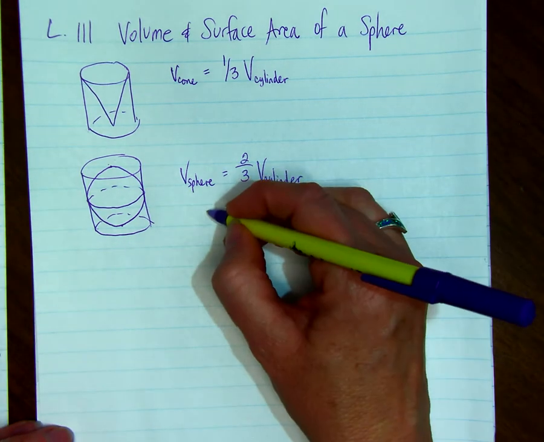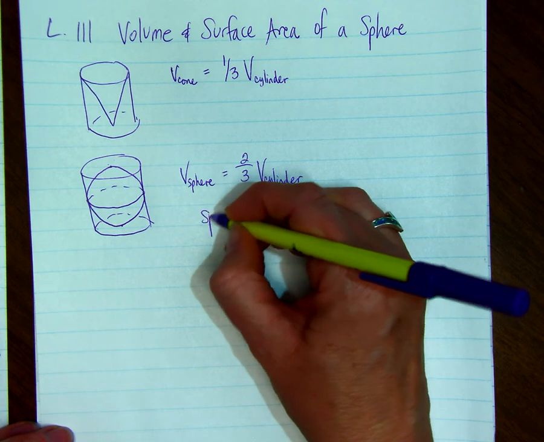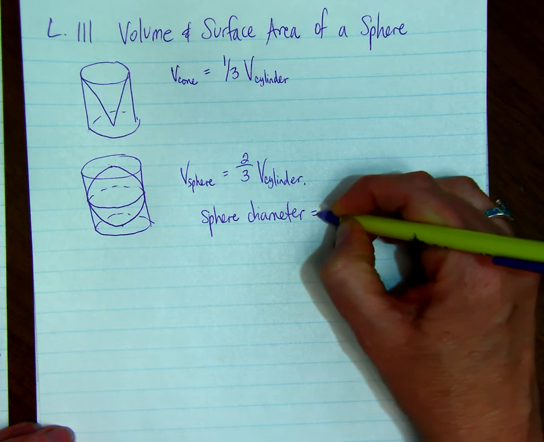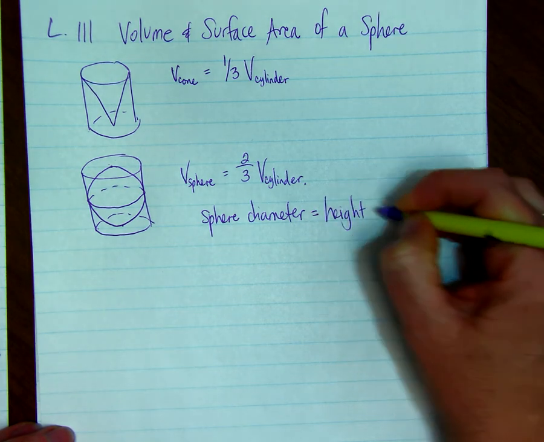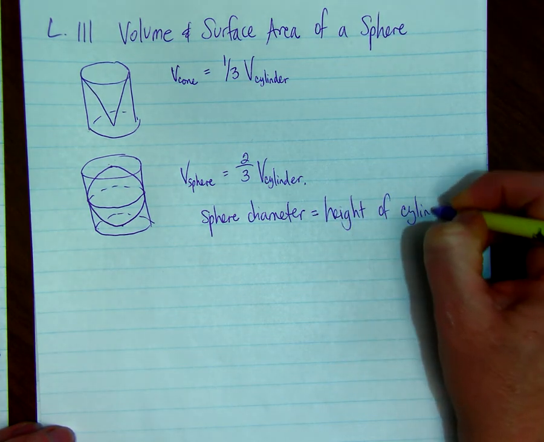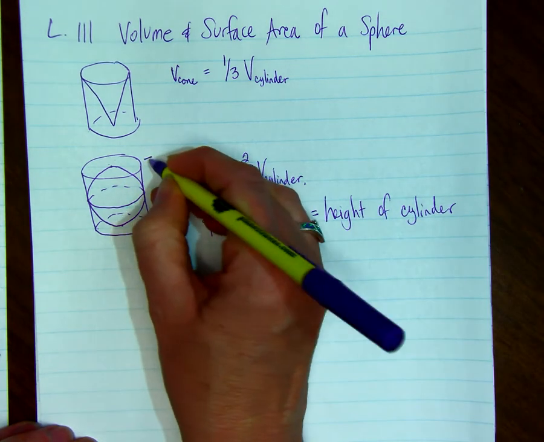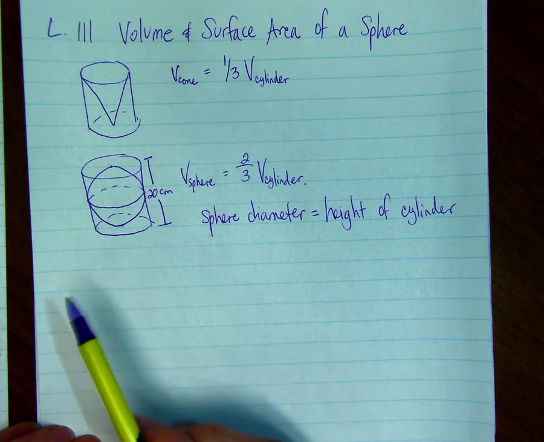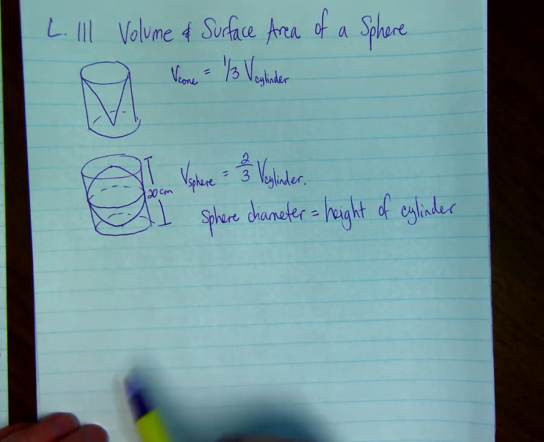Well, the diameter of the sphere is equal to the height of the cylinder. So if the height of this cylinder were 20 centimeters, that is what's going to be the diameter of the sphere.